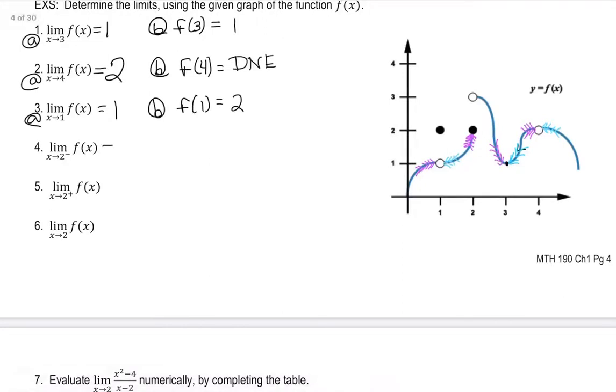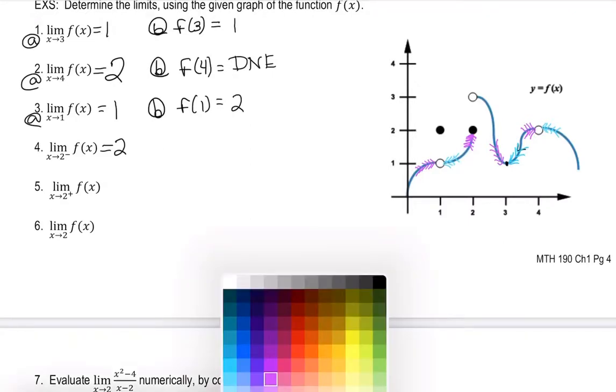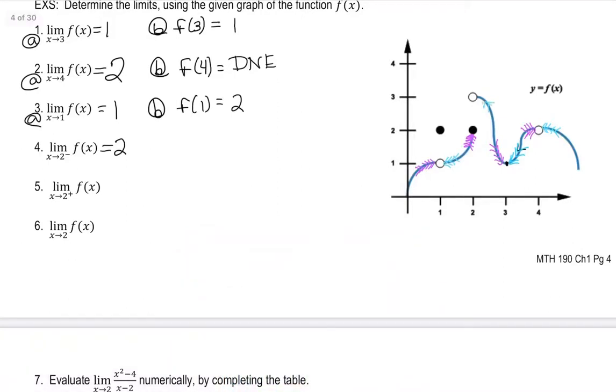Now the limit as x approaches 2 from the right: as I travel along my function, getting closer and closer to 2 from the right-hand side, these y values are getting closer and closer to 3. Remember, I don't care if they actually ever reach the point, but they're getting infinitesimally closer to 3. So the limit as x approaches 2 from the right is 3.